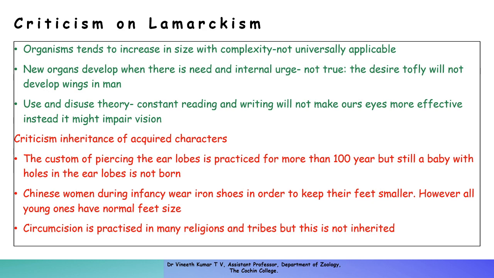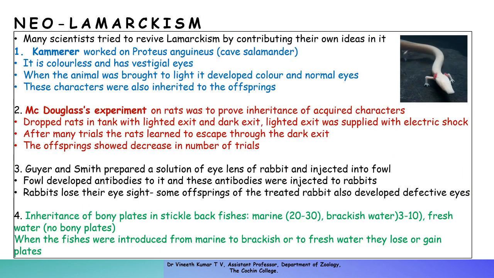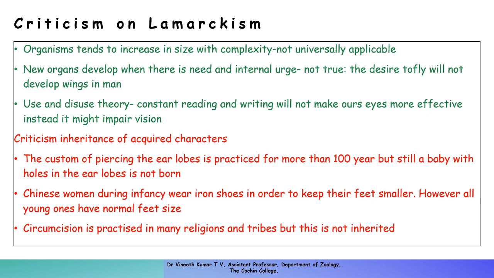So you can take these as examples of the criticisms of Lamarckism. These are the major criticisms raised against Lamarck's principles of use and disuse theory, as well as the inheritance of acquired characters.